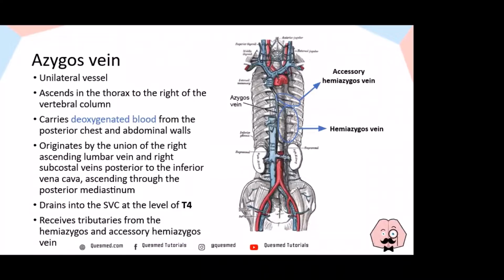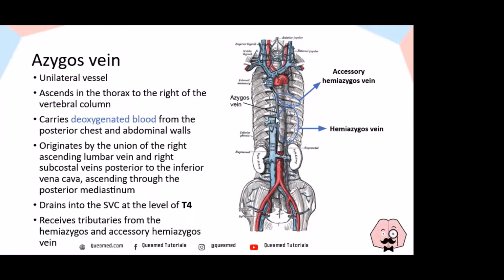The other vascular structure within the posterior mediastinum that's worth knowing about is your azygos vein. So it's a unilateral vein, and you find it on the right side of your vertebral column. And it originates actually in the abdomen, behind your IVC, and it's the union of your right ascending lumbar vein and right subcostal veins. And it ascends next to the vertebral bodies, just to the right.